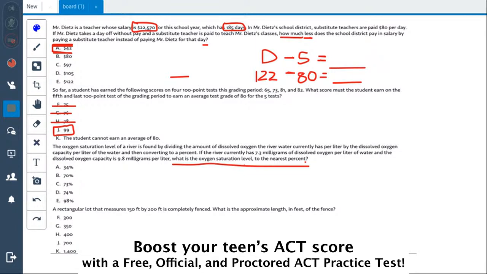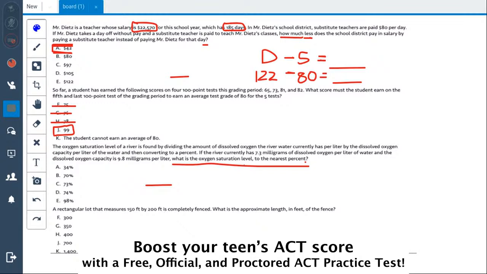The oxygen saturation level is, okay, so here's the formula. Dividing the amount of dissolved oxygen the river water currently has, right? So that's a long description, but you take that thing and you divide it, this is what my fraction bar is for.